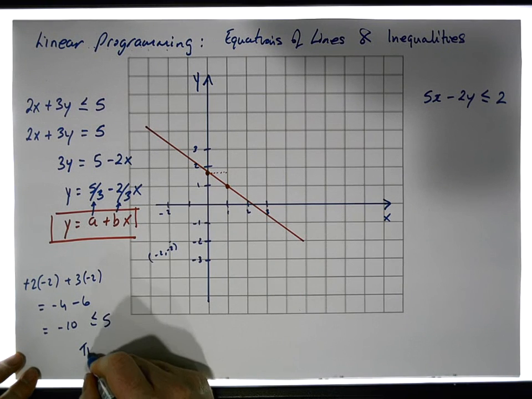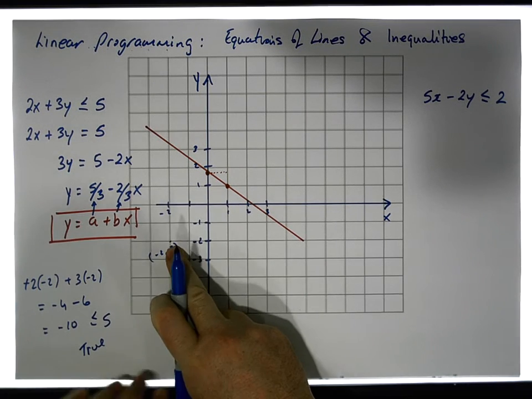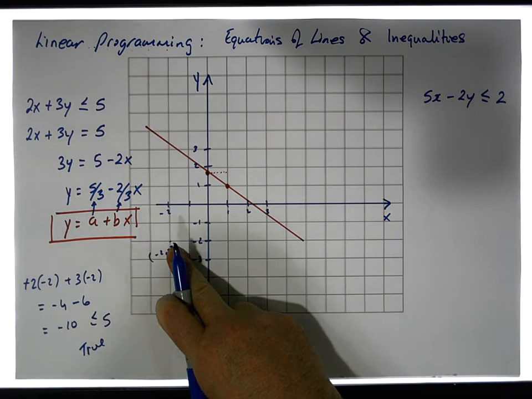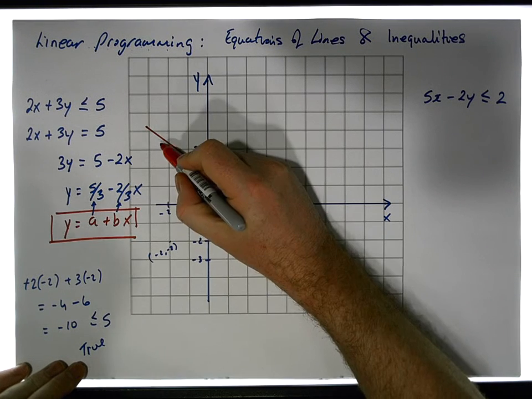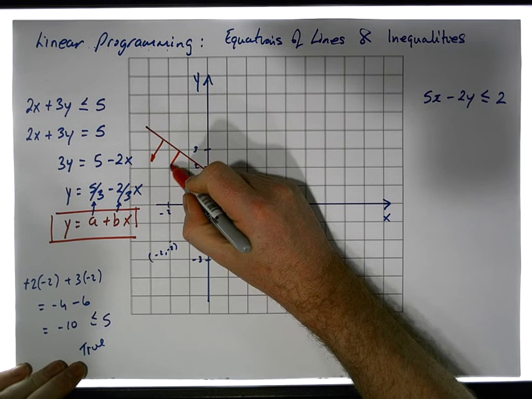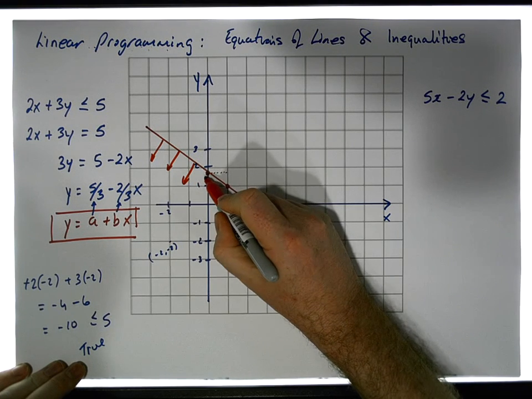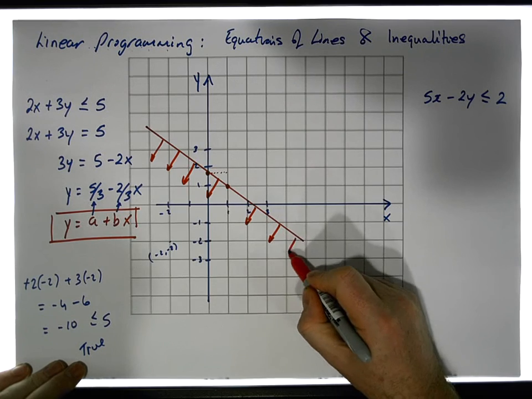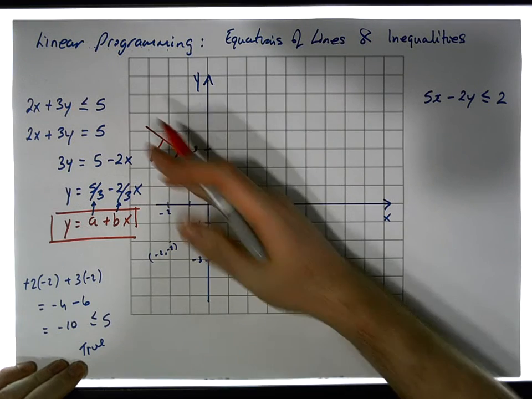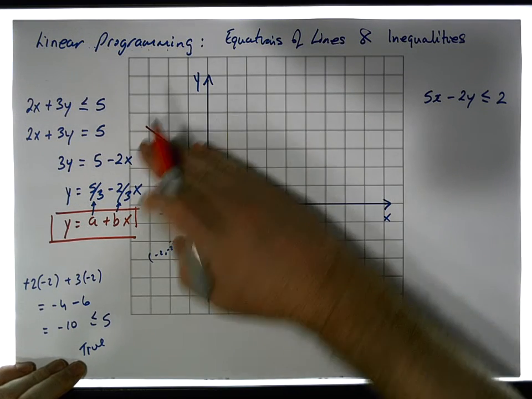That's true. So we know that this point is on the side of the inequality. This inequality represents the half plane over in this particular direction. You can see the line splits the xy plane up into two portions.